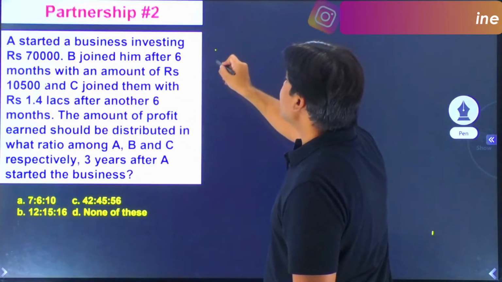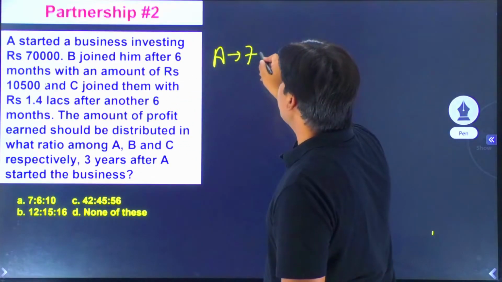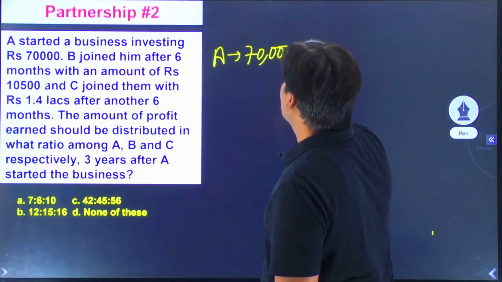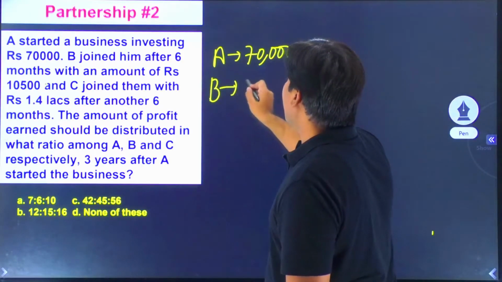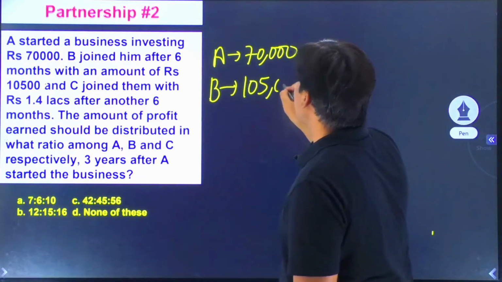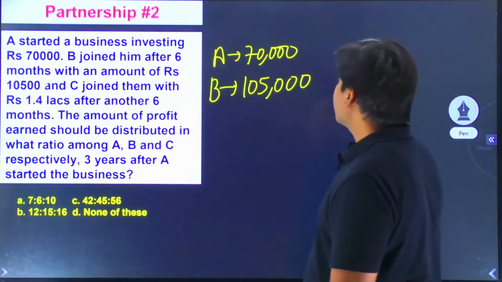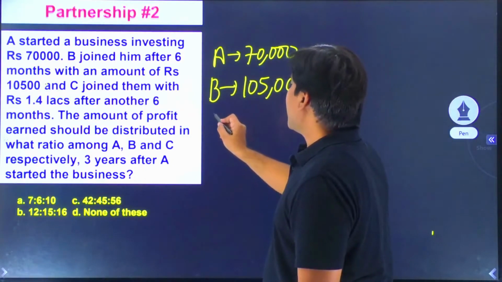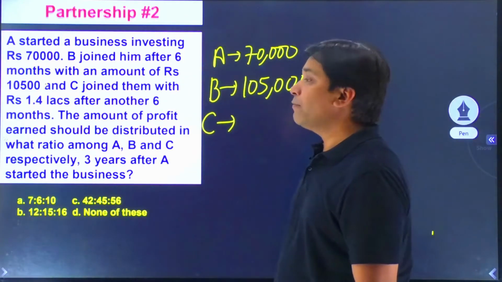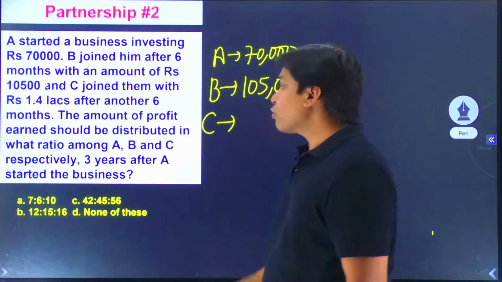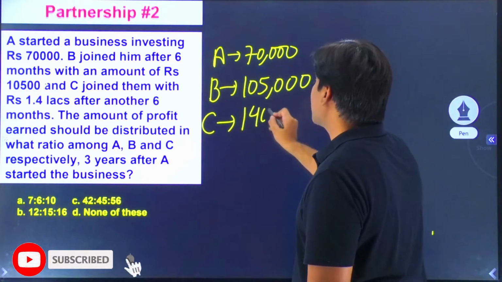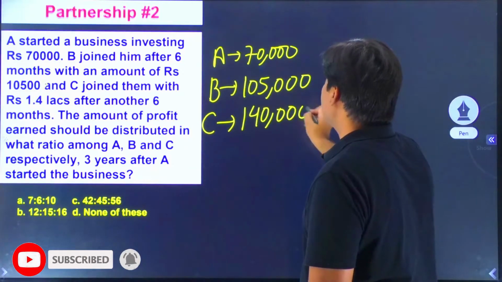So A is investing 70,000. B is investing 1,05,000, right? And then C is investing 1.4 lakh rupees. 1.4 lakh rupees can be written as 140,000. Does this make sense to you?